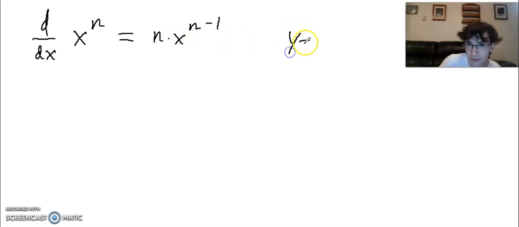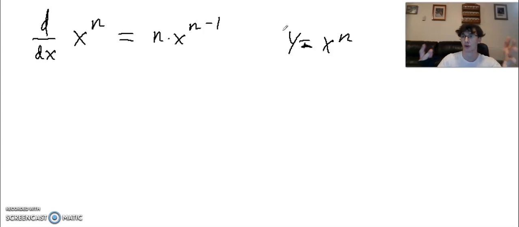So let's just define a function, y equals x to the n. And remember, this is the equation, like the equal sign right here. Don't forget about that. That means whatever we do to one side, we have to do to the other. And as long as we do that, it will remain equal.